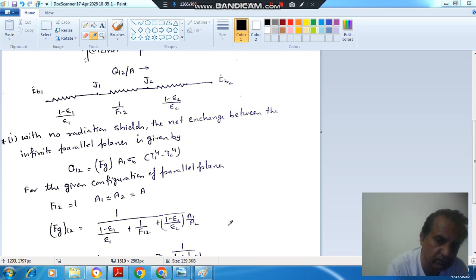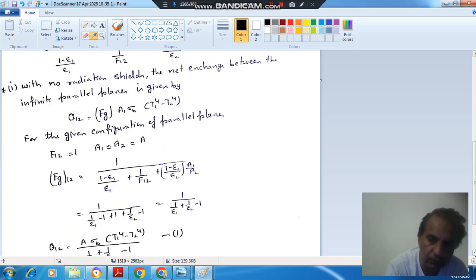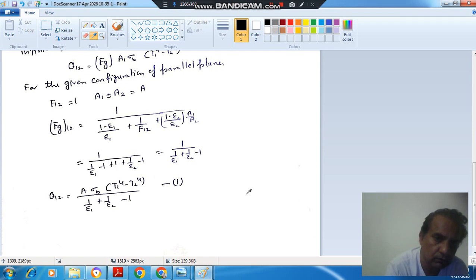Here A1 and A2 are the same, so it will be 1 by (1 by epsilon 1 minus 1) plus 1 plus (1 by epsilon 2 minus 1). The value of F12 is 1 because of infinite parallel planes.